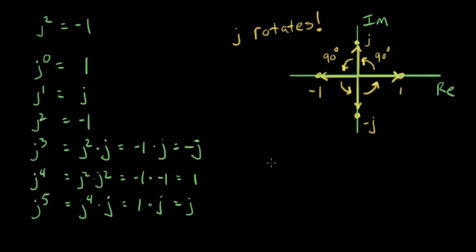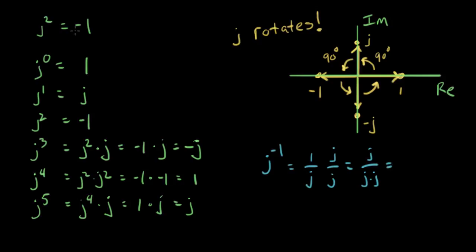So the last thing I want to mention is the negative powers of j. What happens if we have j to the minus 1? Let's figure out what that means. So that, of course, is 1 over j. And if I multiply this by j over j, and anything over itself is 1, so I haven't changed the value of this, and that equals j on top over j times j, or j squared. And what is j squared equal to?